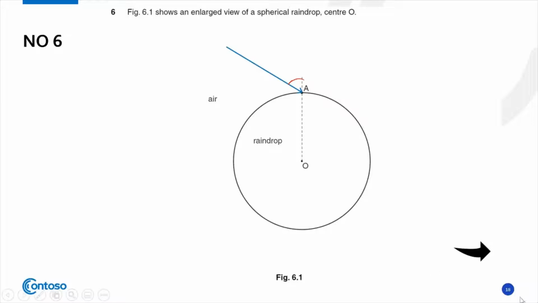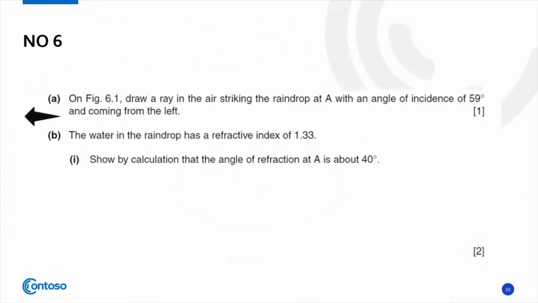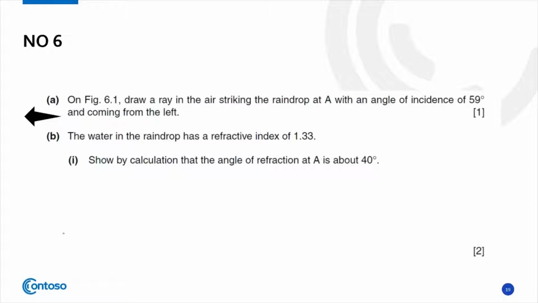Question 6b. The water in the raindrop has a refractive index of 1.33. Show by calculation that the angle of refraction at A is about 40 degrees. We will use this equation: N2 over N1 equals sin I over sin R. N2 is the refractive index of the water because the light comes from the air into the water.